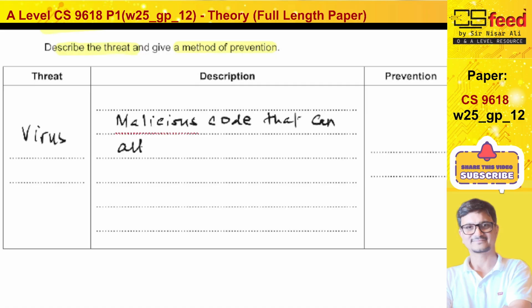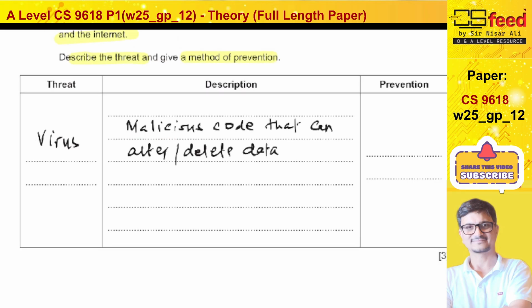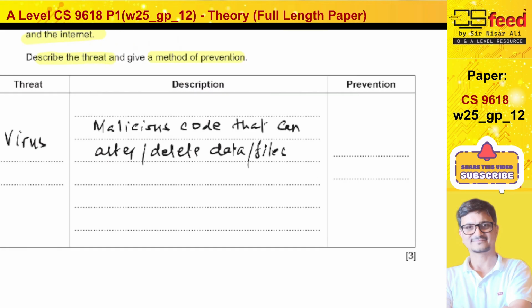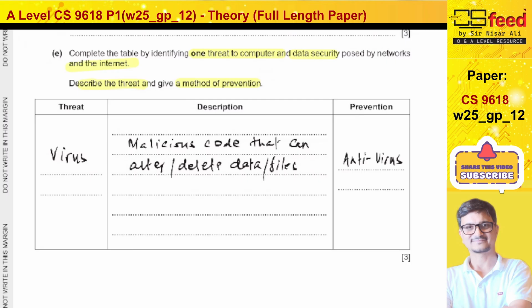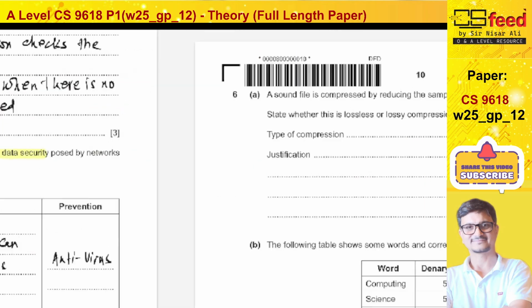So virus is a malicious code that can alter or delete data or files. How can you prevent it? By using an antivirus. So writing these three things: one is the threat, one is the description, and one is the prevention.